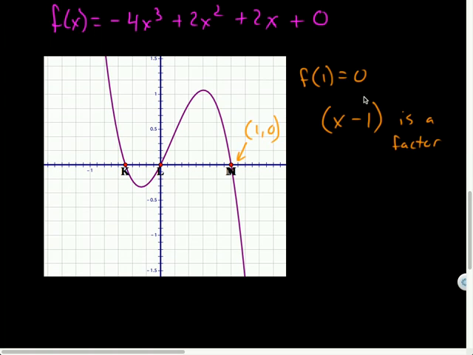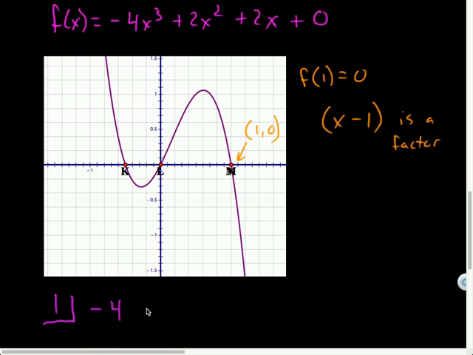So, okay, now I've got my starting point. So I'm going to synthetically divide this guy by this factor. It's given me my seed value, my seed money that I can get started with and start finding these other x-intercepts with. Narrow it down. So let's see. For synthetic division, what's going in the little corner box? 1. In this corner, weighing in at 1 pound, 1. And then we've got my original polynomial.